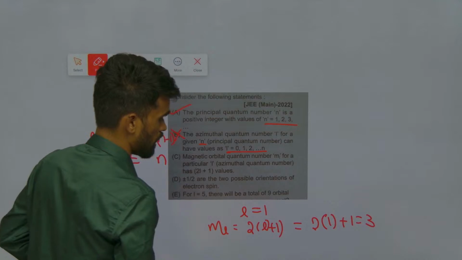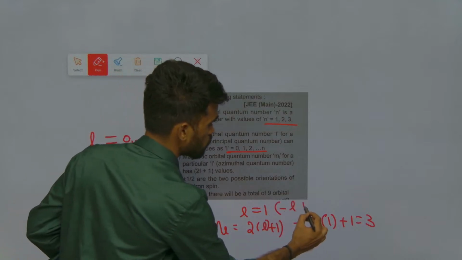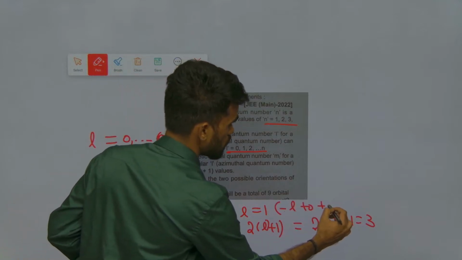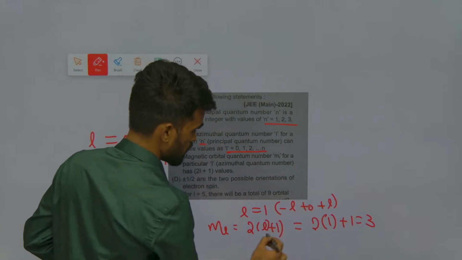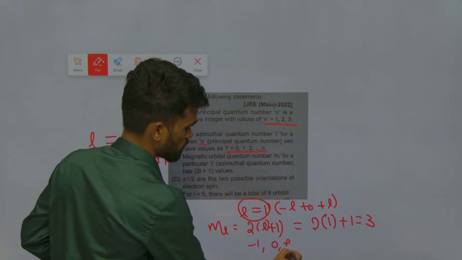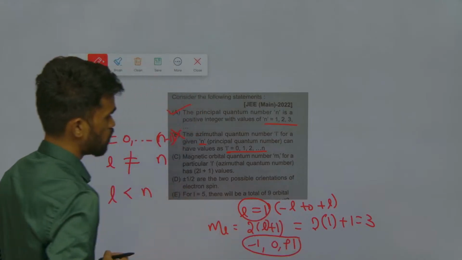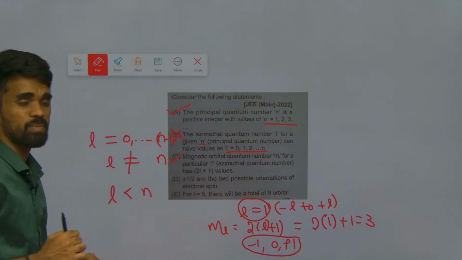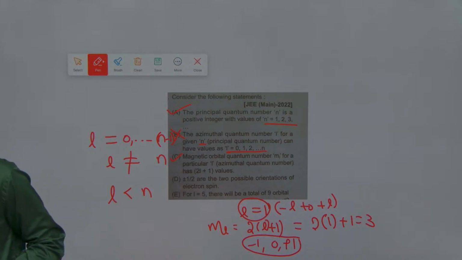What are those 3 values? From minus l to plus l, including 0: minus 1, 0, plus 1. These are the 3 ml values. So option C is also a correct statement.